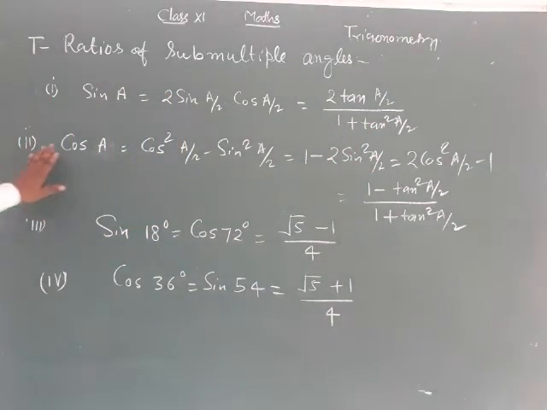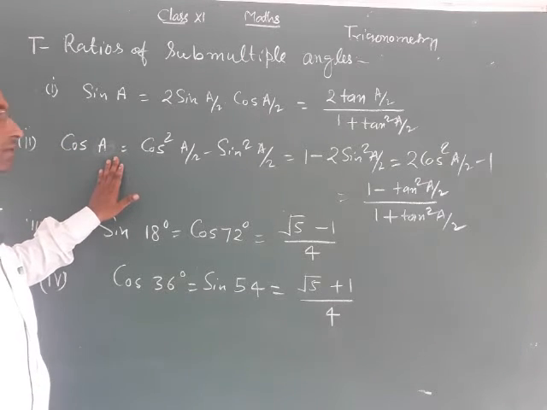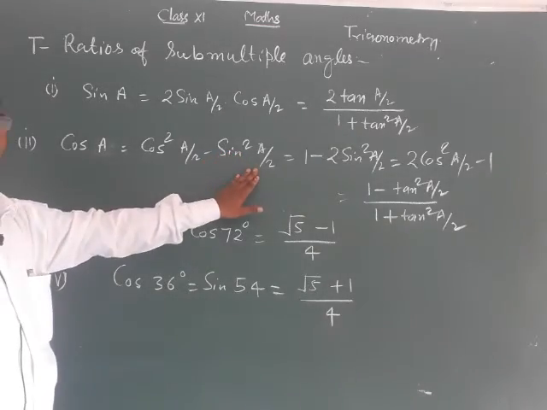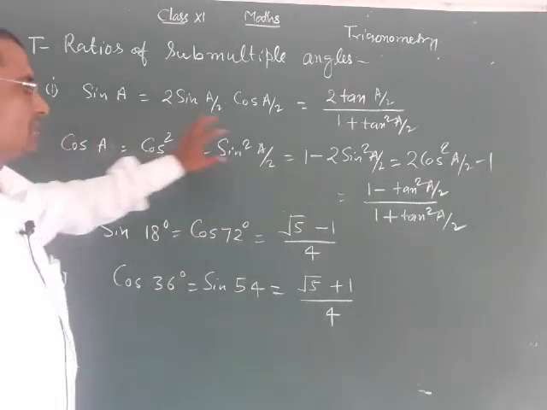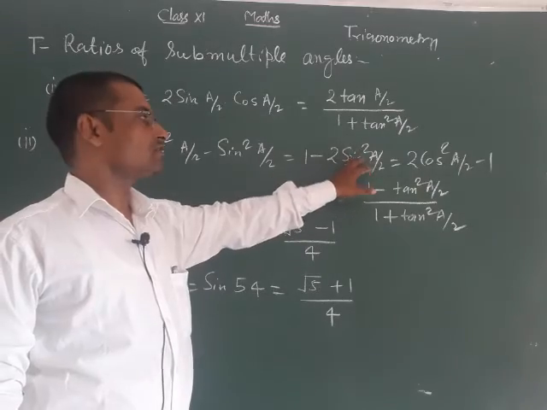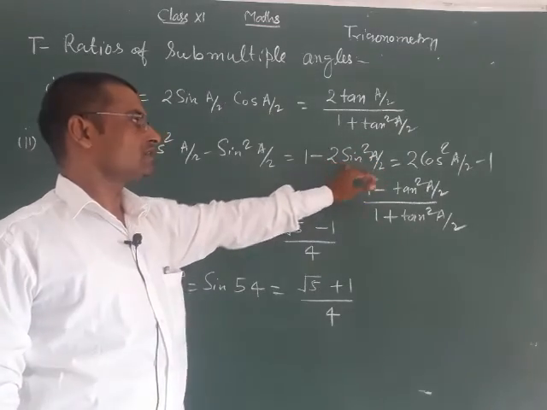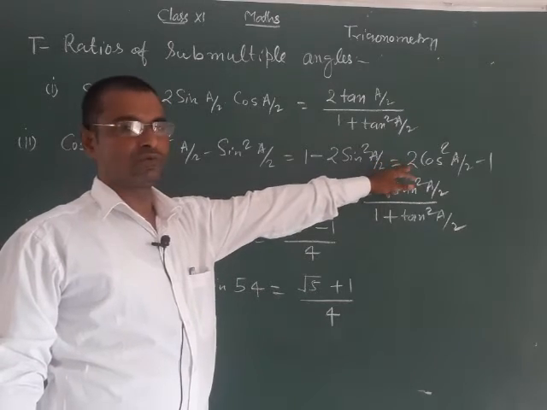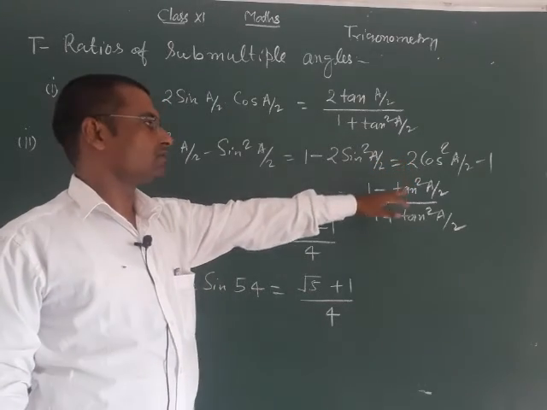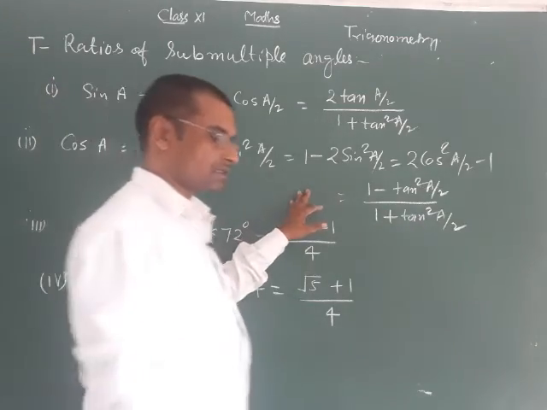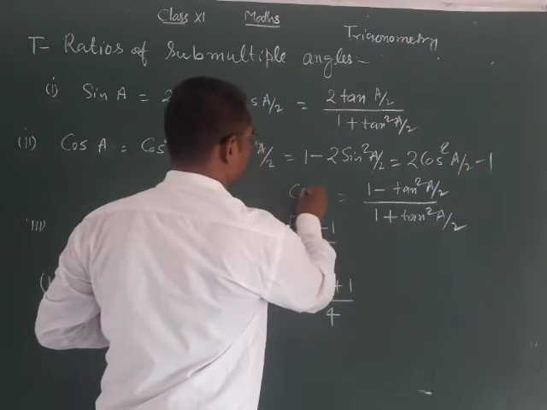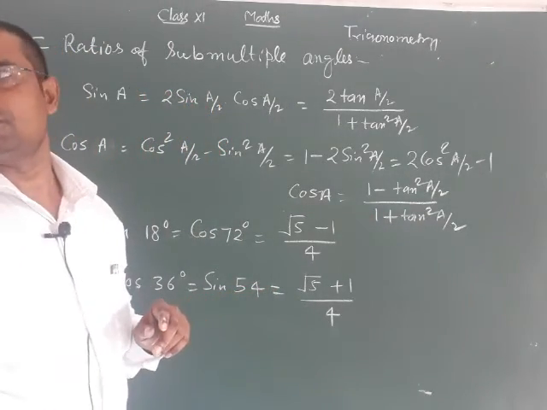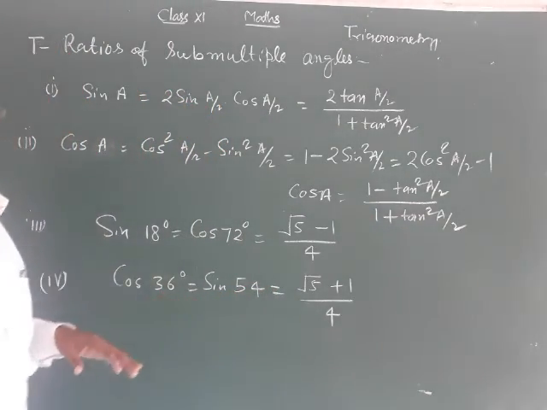And second, cos A is equal to cos square(A by 2) minus sin square(A by 2). And also cos A is equal to 1 minus 2 sin square(A by 2). And also cos A is equal to 2 cos square(A by 2) minus 1. And cos A is equal to 1 minus tan square(A by 2) upon 1 plus tan square(A by 2).